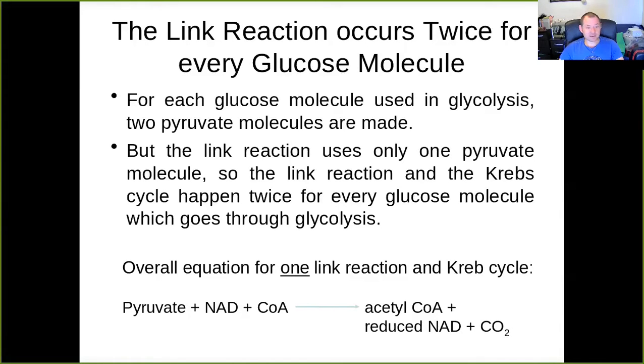So if we look here, we can see the overall equation for one link reaction. Pyruvate plus NAD plus coenzyme A gives you acetyl coenzyme A plus reduced NAD plus CO2.